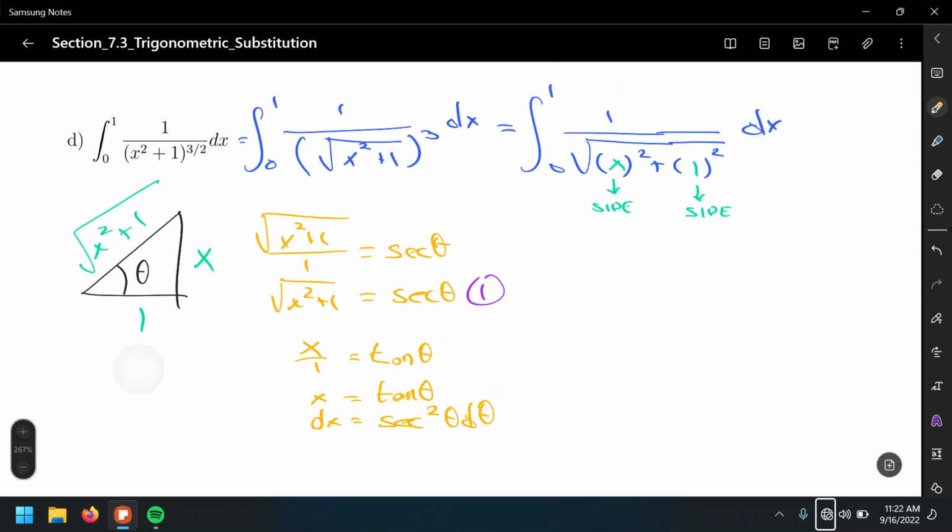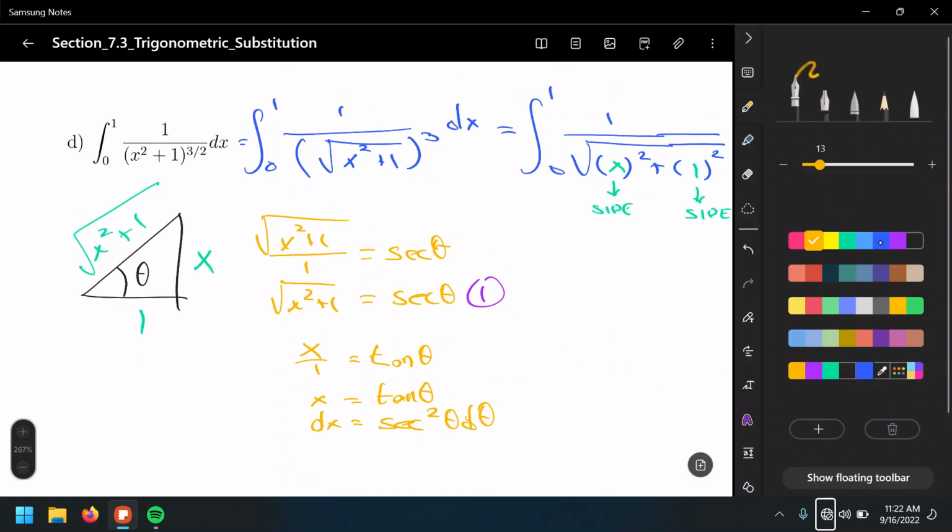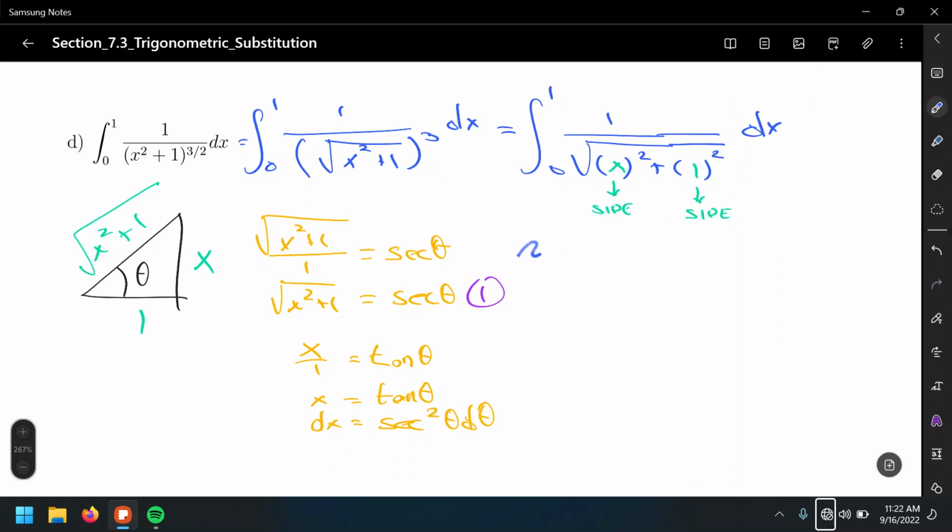We got everything we need to send this integral from the world of x to the world of theta, solve the problem in an easy way in the world of theta and then go back to the world of x. So this will be equal to the integral, and I'm going to skip the limits for now. I'm going to write those at the very end. And the radical, we said this should be secant. Something I forgot over here is this cubed right here.